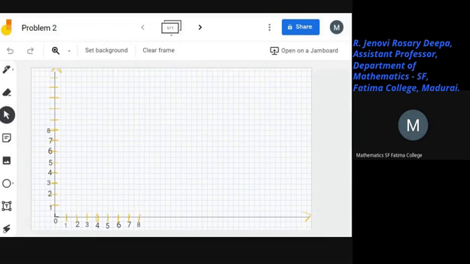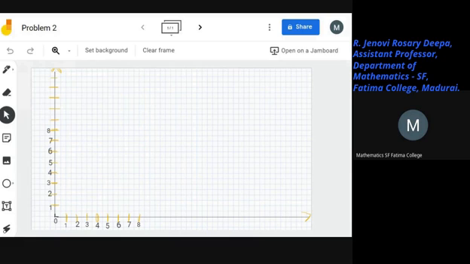So the first straight line, we have to mark the points. First you draw the axes x1, x2, and you mark the units as 0, 1, 2, 3, 4, 5.